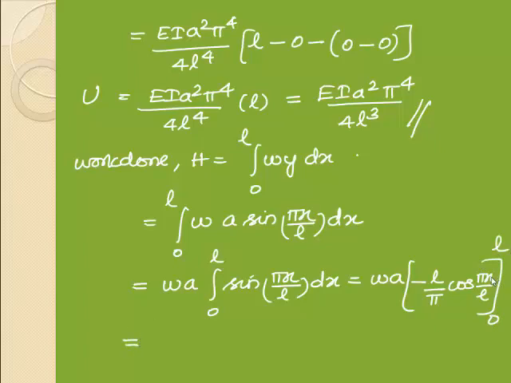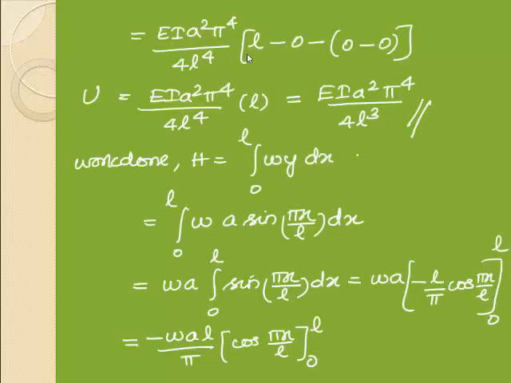Okay. So the constant terms can be taken out. So minus W a L by pi into cos pi x by L, limit 0 to L, is equal to minus W a L by pi. When we substitute the upper limit, L and L will get cancelled.